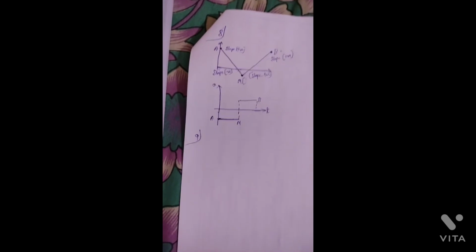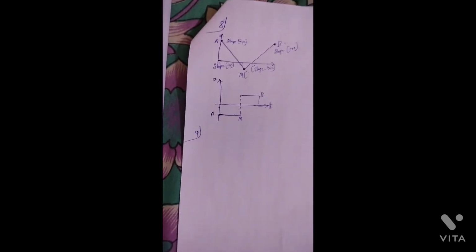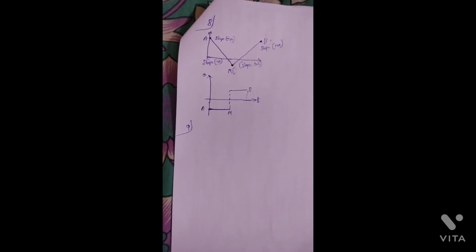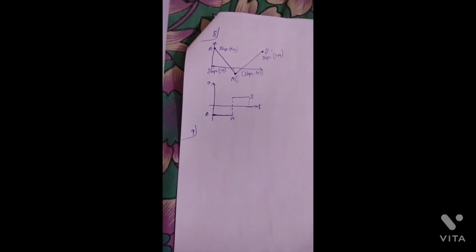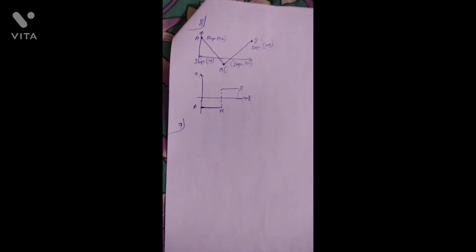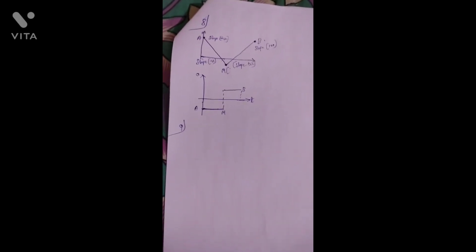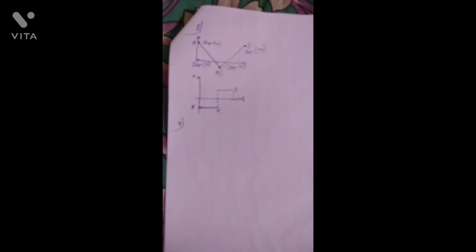So different things they have given: volume, pressure, and the isochoric change. We have to find the total work done in the complete cycle A, B, C, A.